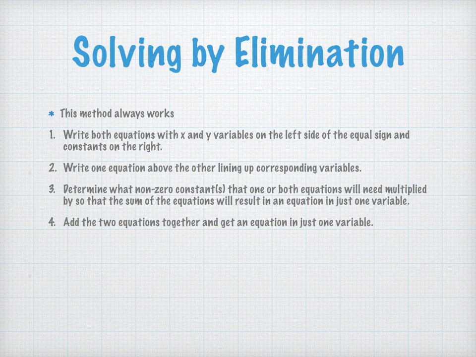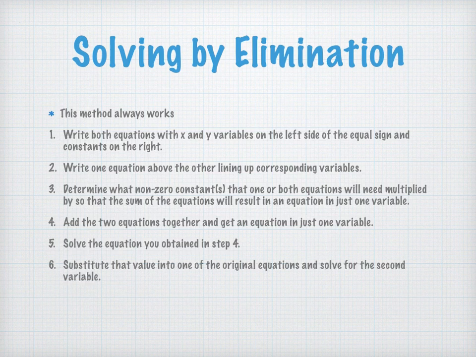So you'll have just one equation now, it's in just one variable. So you're going to solve that equation. Once you solve that equation, you now have a solution for one of your variables. So substitute that value into one of your original equations and solve for the second variable. Again, we're going to answer as an ordered pair x, y, or for story problems, you'll answer with words.